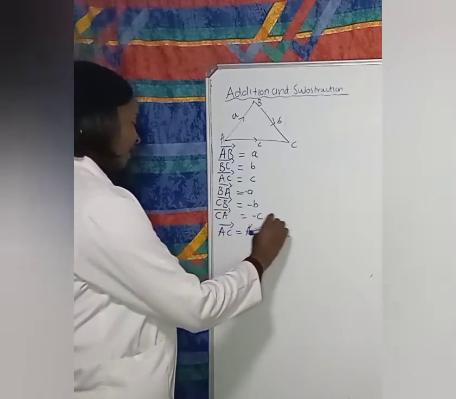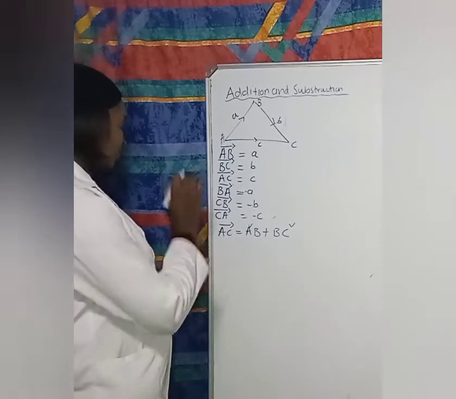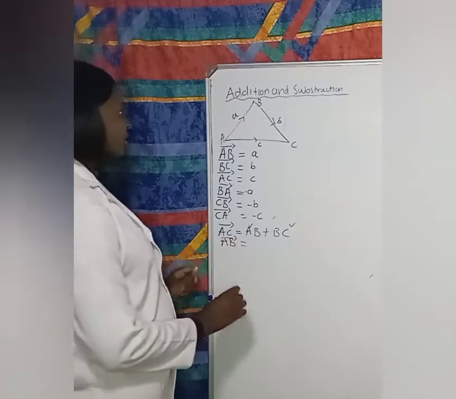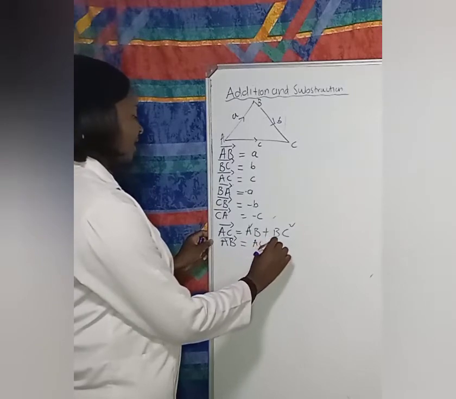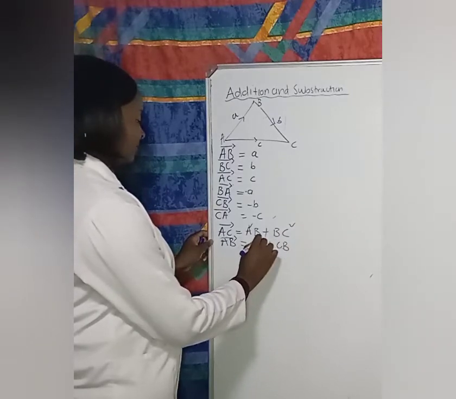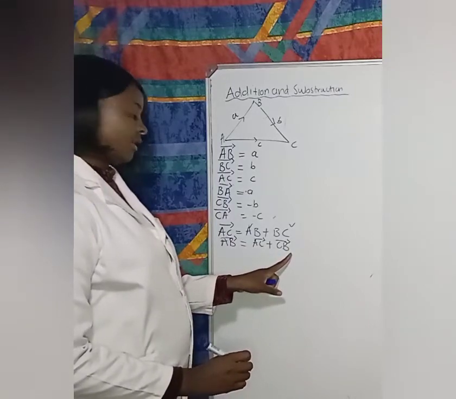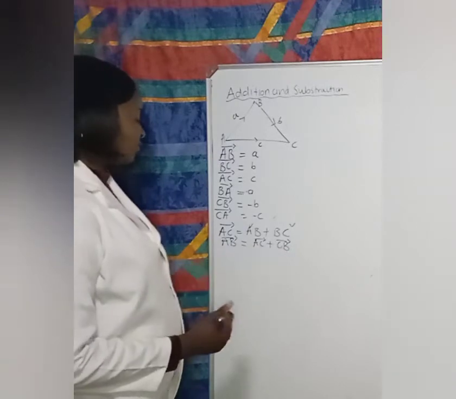We're starting with the A and ending with the C for AC. Meaning, if they ask you for vector AB, you can actually go this route. You can say it's AC plus CB. You begin with the A and it must end with the B. Whatever route you take, it must start with the A and must end with the B.